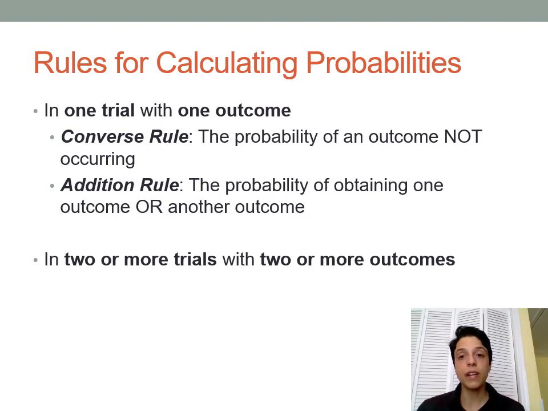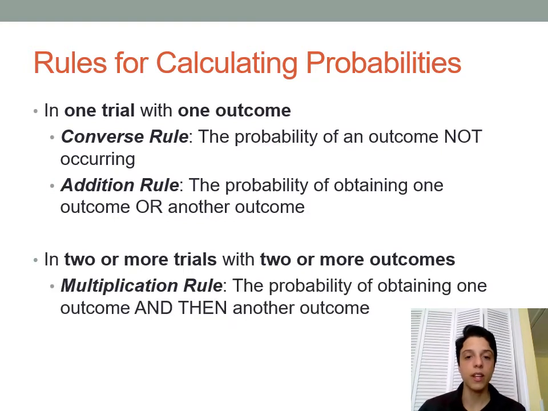There are also rules for calculating probabilities that occur across multiple trials. Multiple trials means that you draw more than one crayon out of the pot and get an outcome for each of those draws. If you're looking at two or more outcomes, the multiplication rule can tell you the probability of obtaining one outcome and then obtaining another outcome in the second trial.